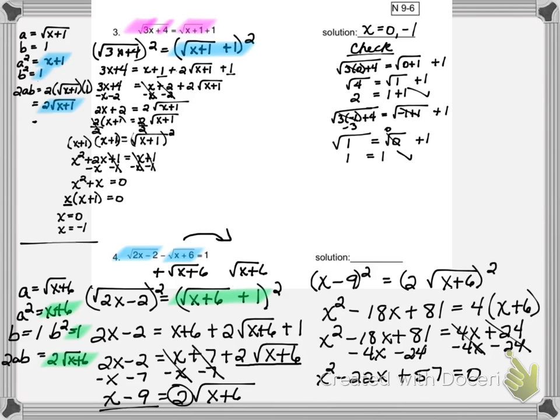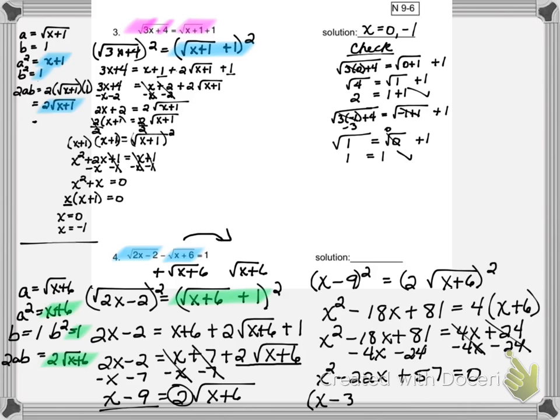Now we need something that will multiply to be 57 and add to be negative 22. If you factor 57, it's 19 times 3. That's the prime factorization. And that works out because 19 plus 3 is 22.